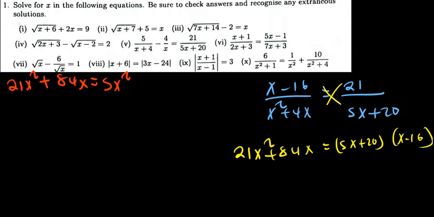Then 16 times 5, isn't that supposed to be 80? 16 times 5, it should be 80, yeah. So it is 80.